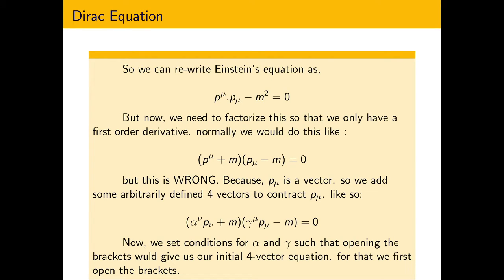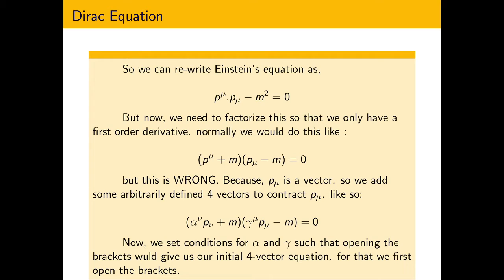So this is the equation you get. I'll be referring to this as the original equation for our convenience. As you can see, this is still a second order differential, which means that when you apply this to a field phi, you won't be getting a uniquely defined value for phi.